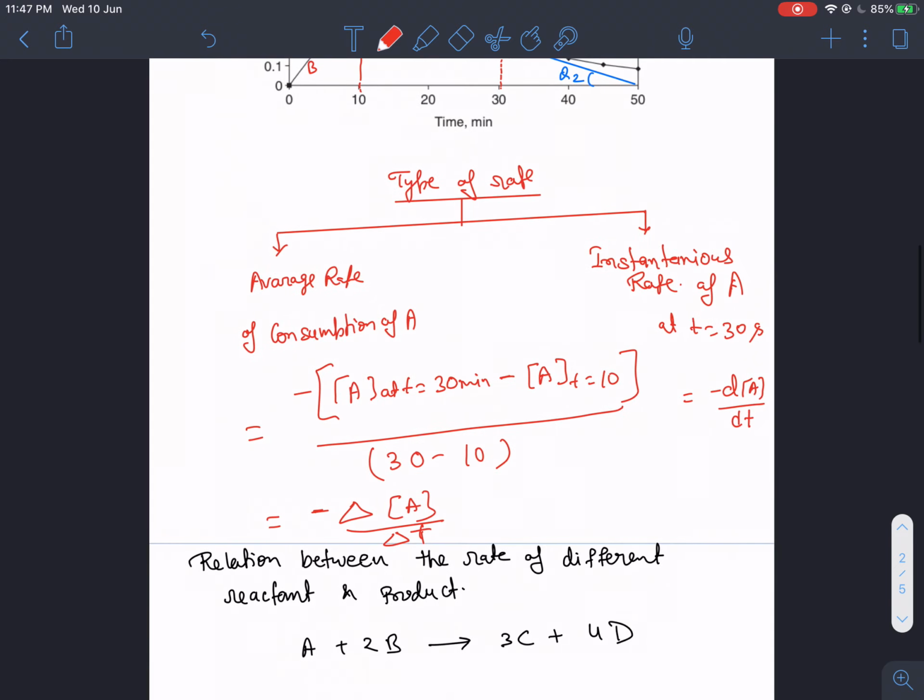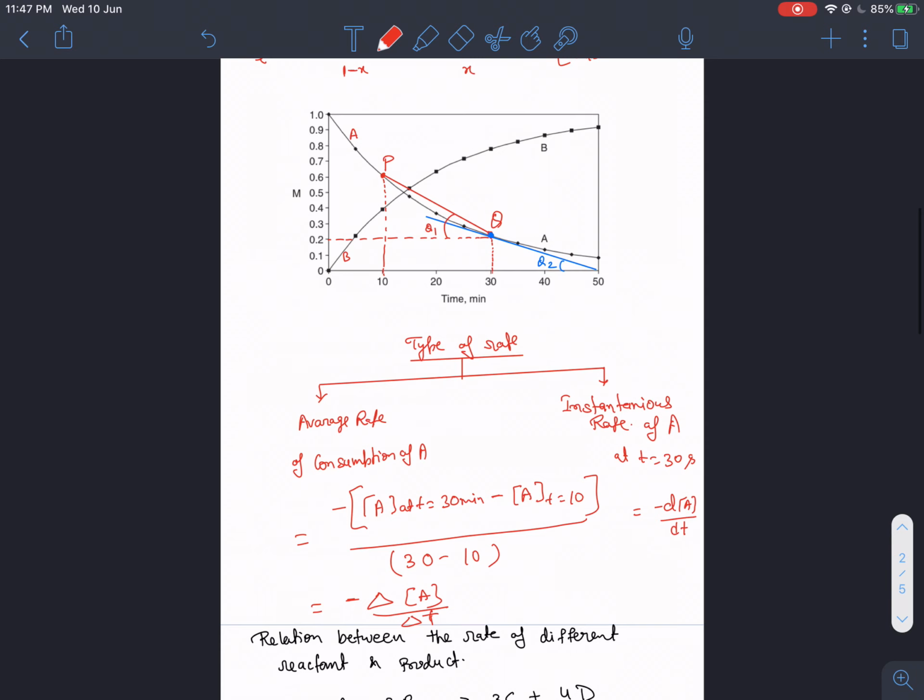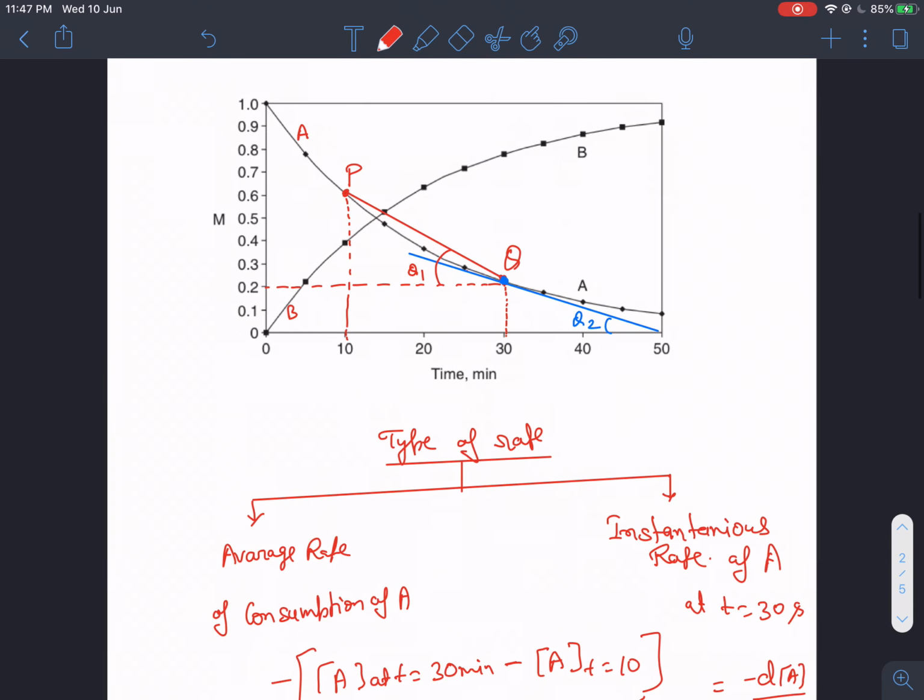Now graphically, if you would like to understand, then the average rate of A is defined by the slope of this portion of the curve. See, the average from here to here, this is the portion of the curve, guys, from P to Q. Whatever is the theta, if you take that tan theta, that will tell you the average rate.